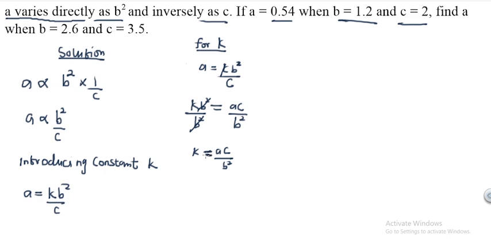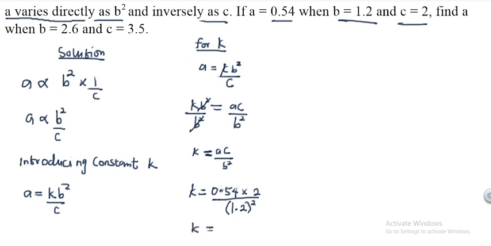To get the value of my constant, I simply substitute the values of A, B, and C into this equation. So my value of K is equal to my value of A, 0.54, times my value of C, 2, divided by my value of B, 1.2, squared.